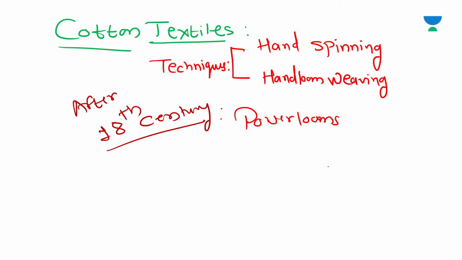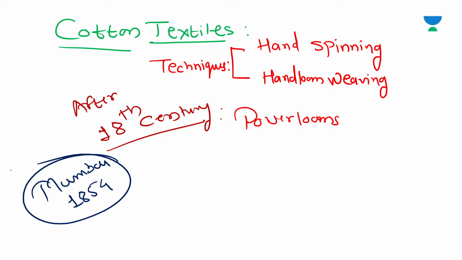A traditional industry which suffered a setback during the colonial period because they could not compete with the mill made cloth from England. Like, the first successful textile mill was established in Mumbai in 1854.